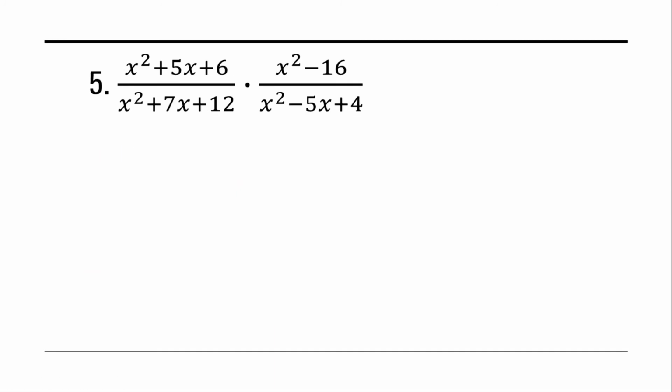And next, we have x squared plus 5x plus 6 over x squared plus 7x plus 12 times x squared minus 16 over x squared minus 5x plus 4.